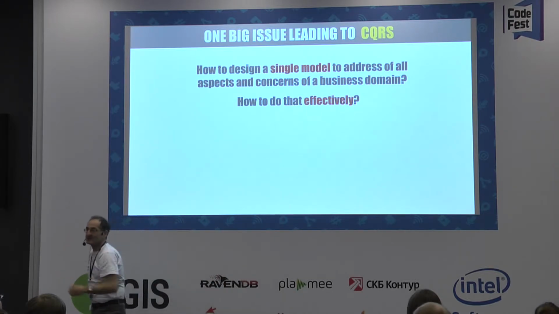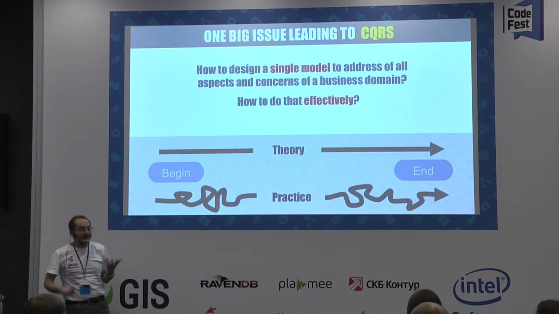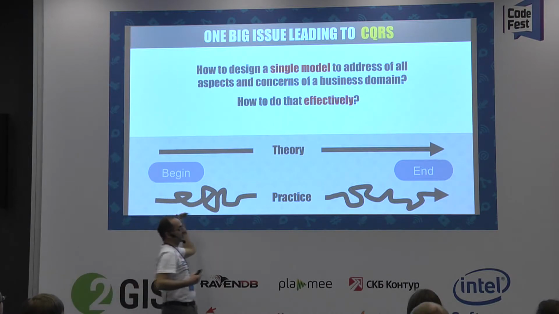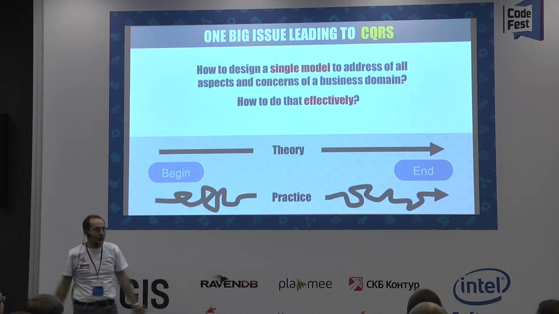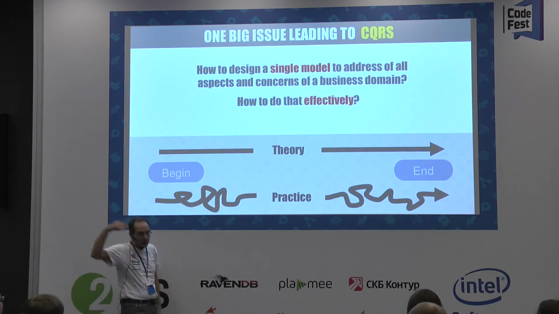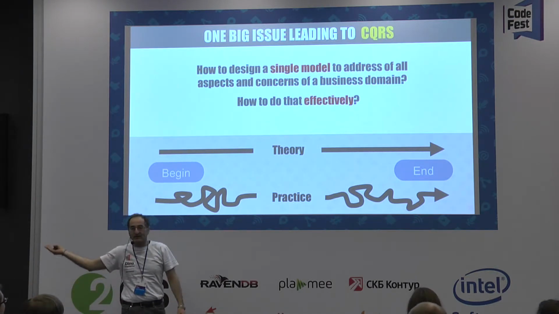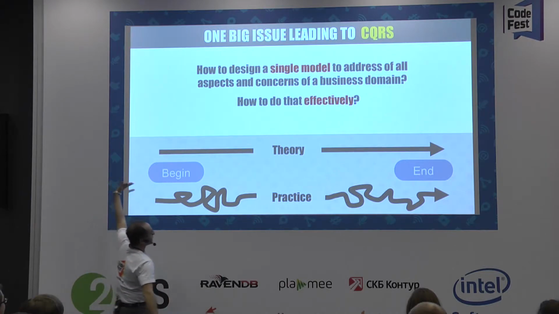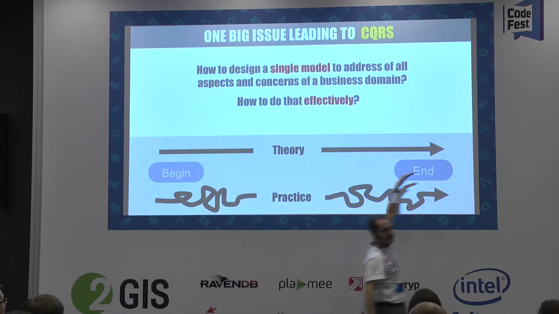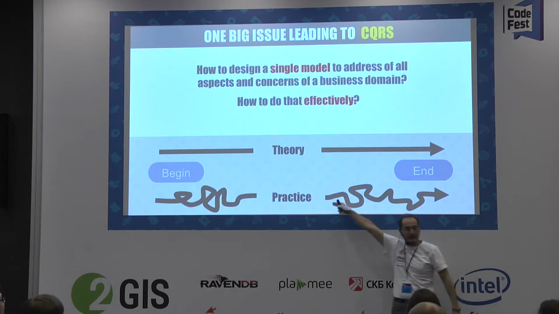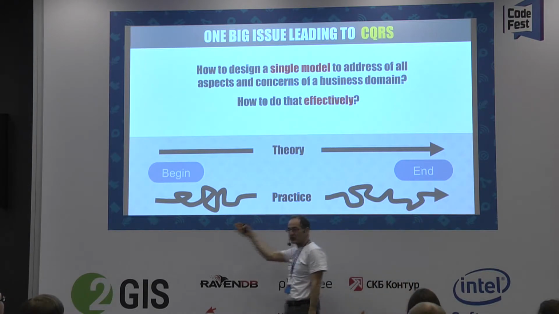How can we do that effectively? And we know that there is a theory and there is practice. In theory, it says, oh yeah, if you apply all of the patterns out there that gurus have created over the past decades, it's like a straight road. You can proceed from start to end in a straight way.